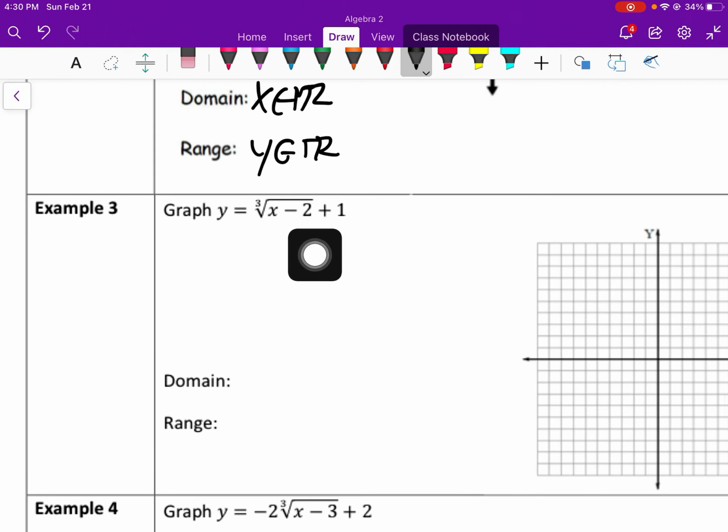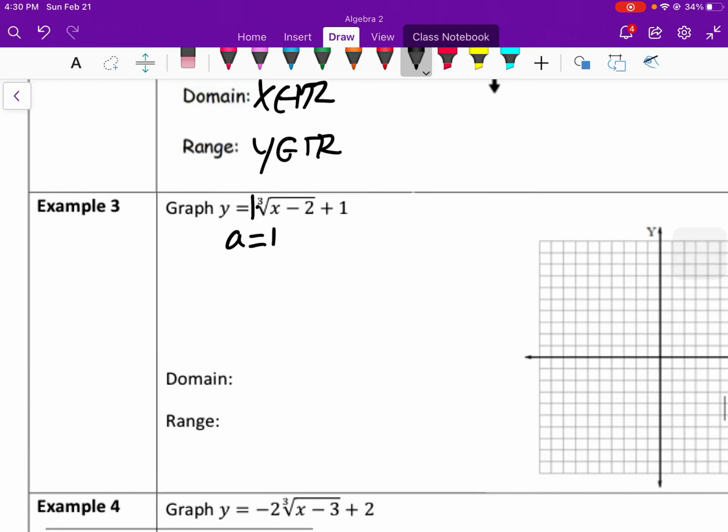Example 3, in this case we do have an h and a k. And let's think about what our leading coefficient is, because that's our a. If we don't see it, there's an implied leading coefficient of 1. So let's label some of these points. A is 1, so it's not going to vertically stretch or shrink.